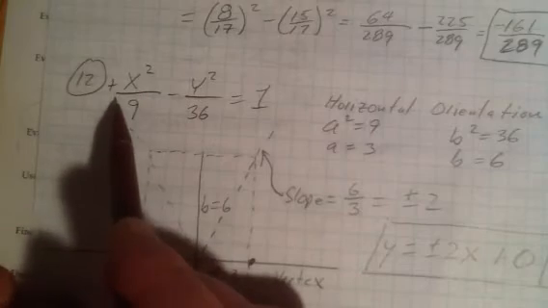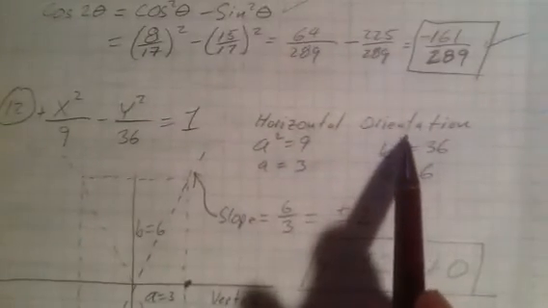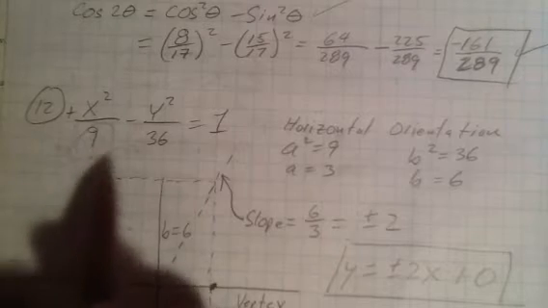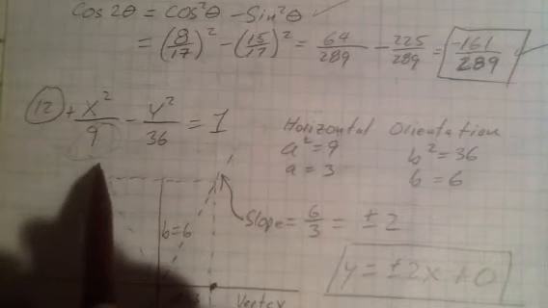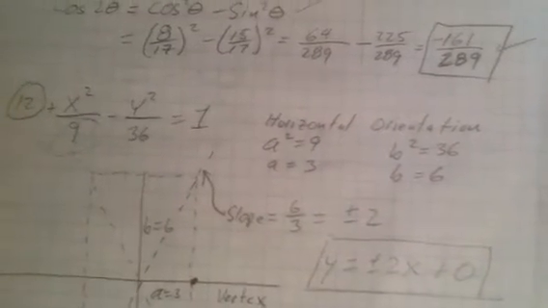All right, so I know then my x squared is my positive term. So this is going to have a horizontal orientation, which means my a squared will be the denominator of x, because that is the positive term. Quite a bit different than the ellipse on how I decide a squared and b squared.